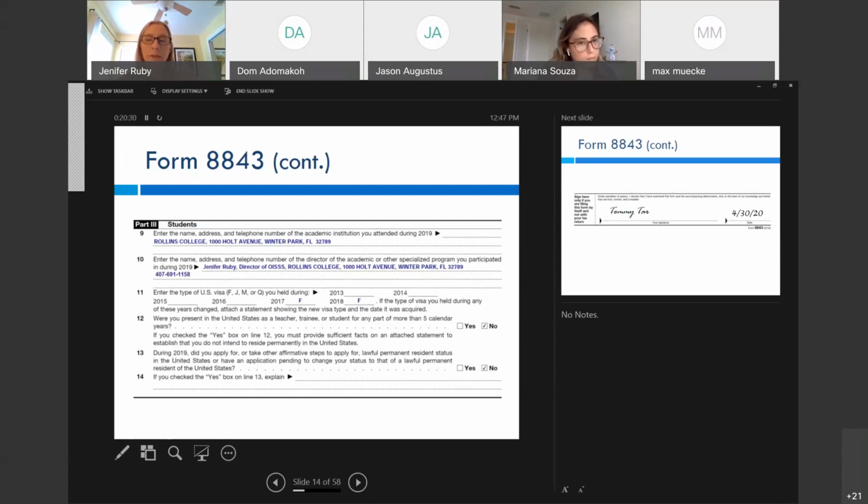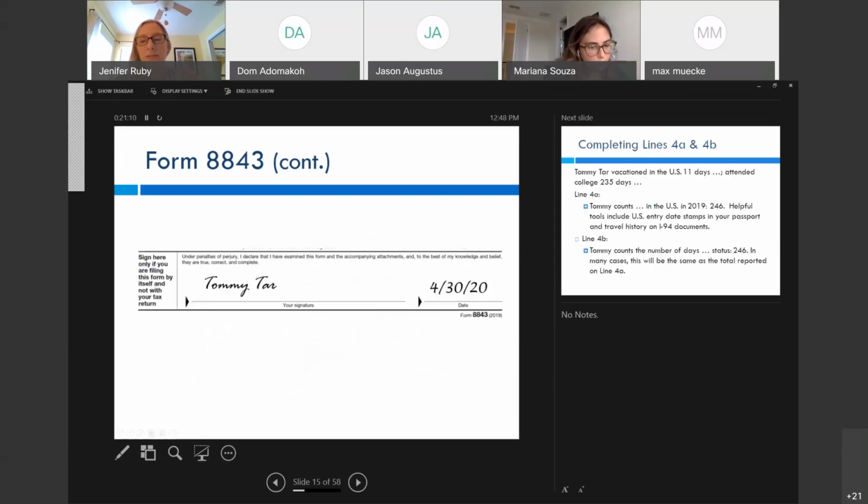So if you applied for and put an application in for the diversity lottery, the answer to this is no, because the diversity lottery is just a request for a chance to apply for permanent resident status, right? So it's not until your diversity lottery application is selected that you become even eligible for lawful permanent resident status, or eligible to apply for that status, okay? So you can answer no there, even if you did do the diversity lottery.